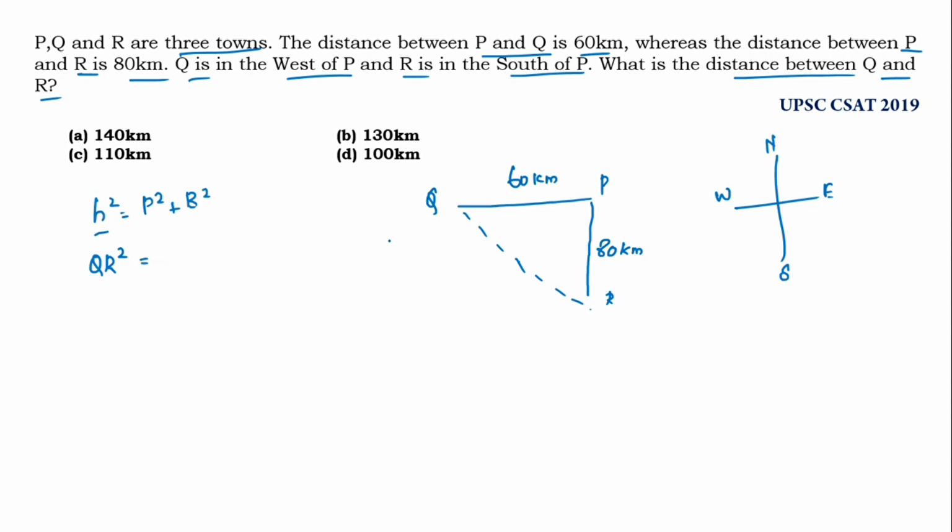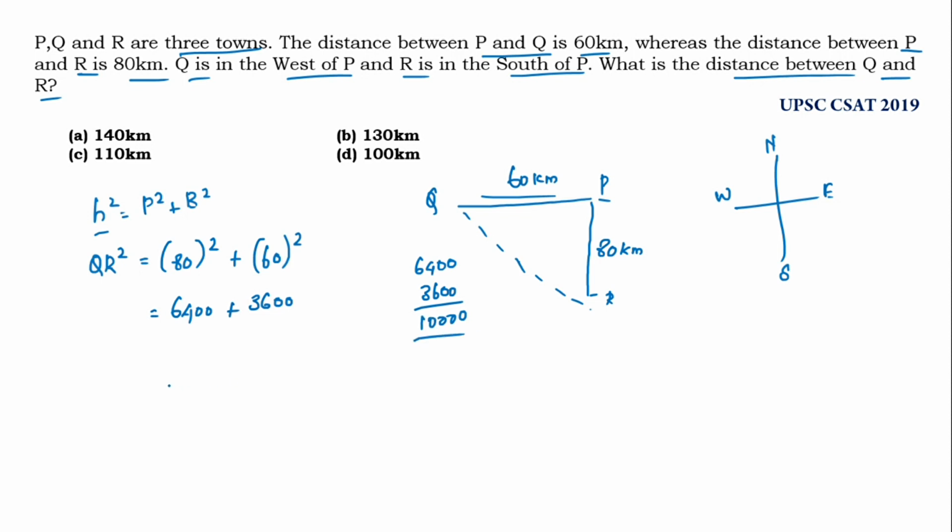QR the whole square is equal to perpendicular 80 the whole square plus base 60 the whole square. So 8 8s are 64, 6400 plus 6 6s are 36, 3600 is equal to 10,000. So QR square is equal to 10,000.